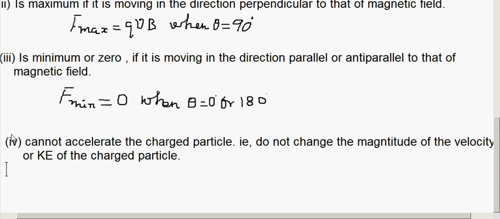Okay. Now the direction of the force depends upon whether it is positive charge or negative charge. Anyway, it is perpendicular, as we have seen from the hand rule for the direction of the force.